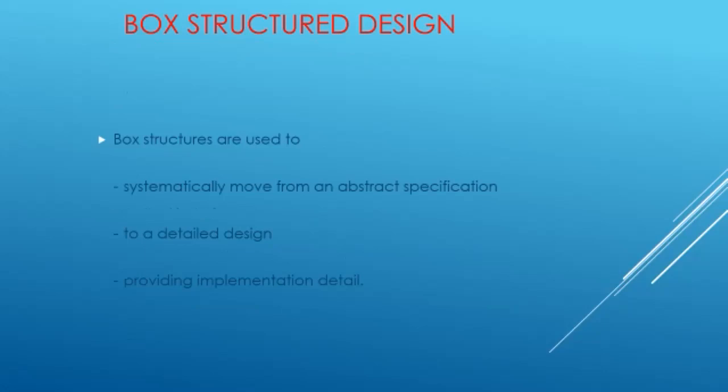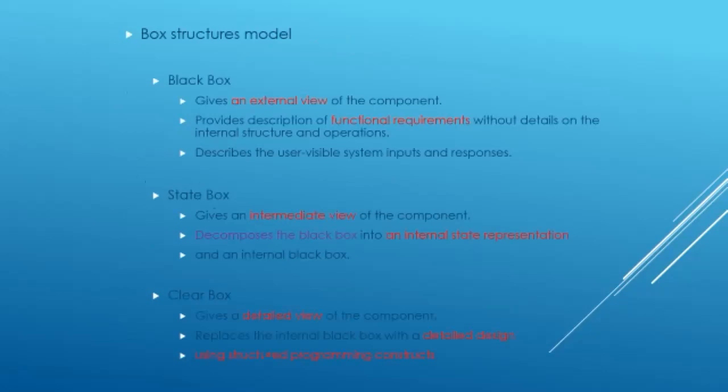Here, the box structured design. Box structures are used to systematically move from an abstract specification to a detailed design providing implementation detail. This is the design of structure, box structure.